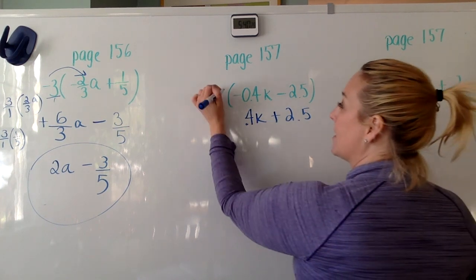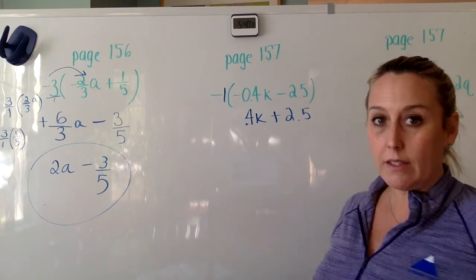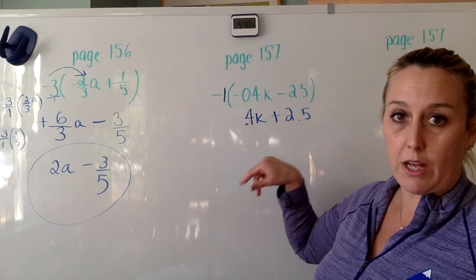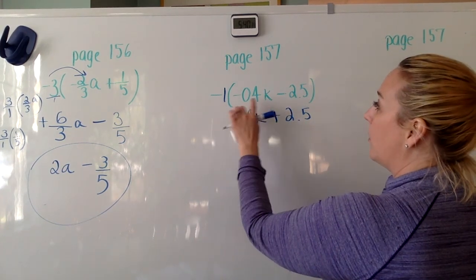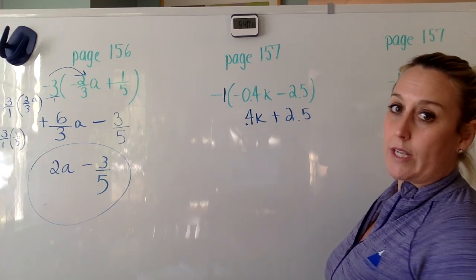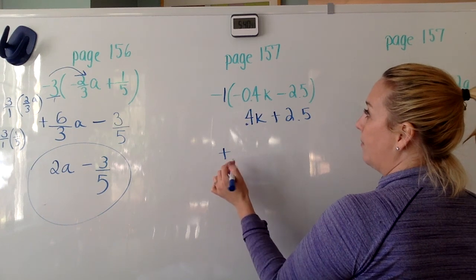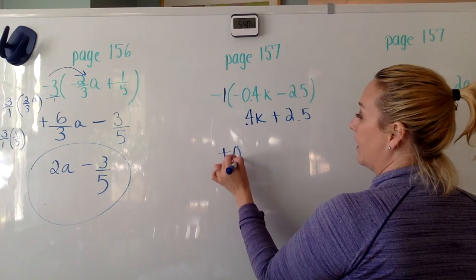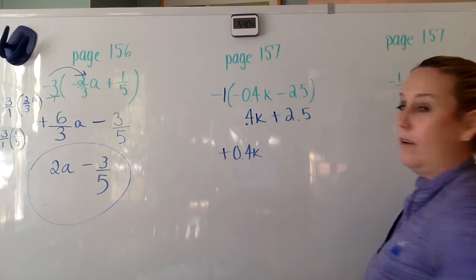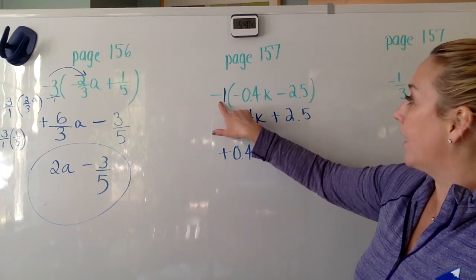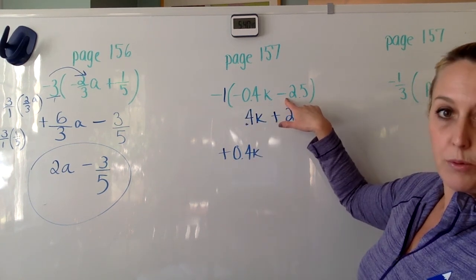This is the same as saying -1, right? Because putting a 1 here wouldn't change the value of any of these numbers. -1 times -4/10 k is positive. Negative times a negative is a positive. It's 1, so it just stays the same, 4/10 k. -1 times -2.5.